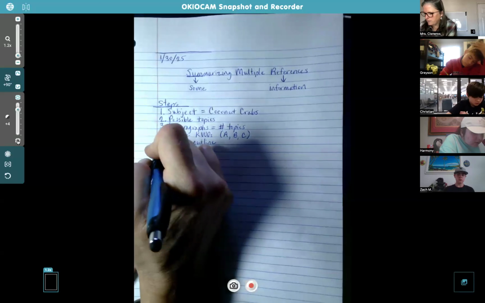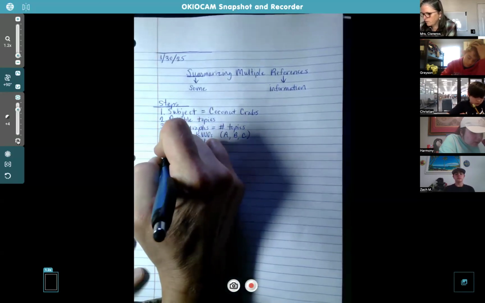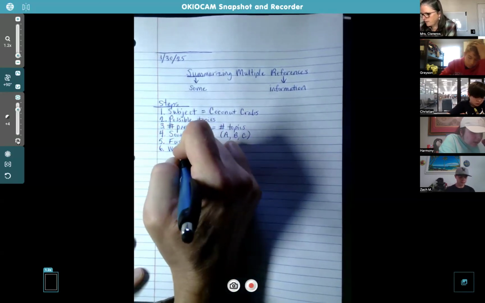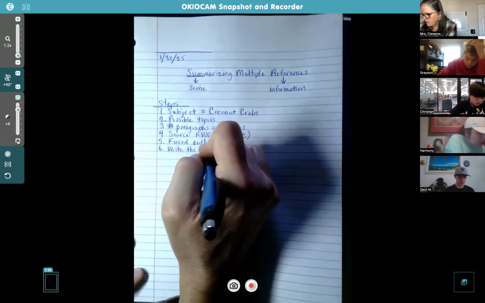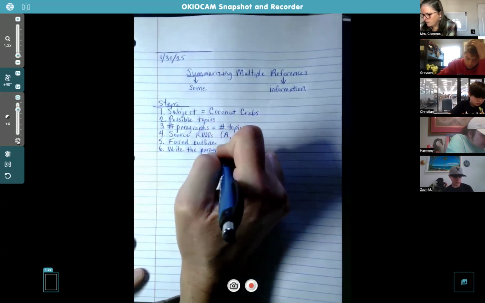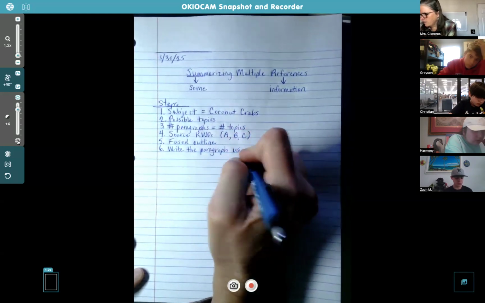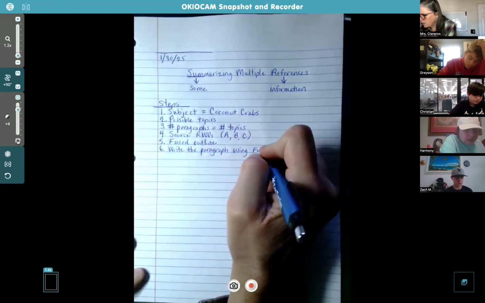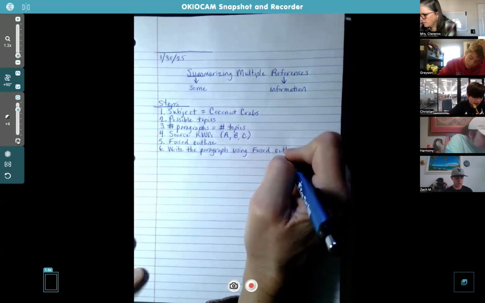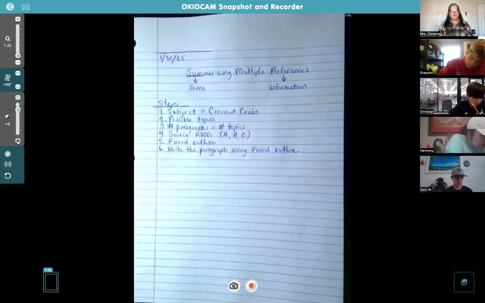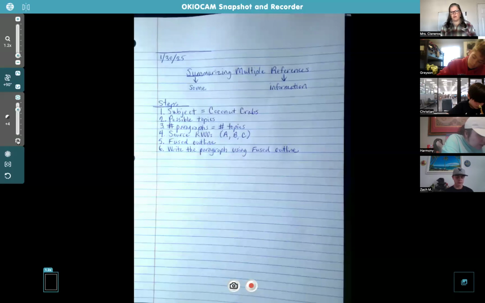And the last step, number 6, is write the paragraph using the fused outline only. Once you make that fused outline, you don't need A, B, and C anymore. You're just going to focus on that fused outline and use that information to write your paragraph.